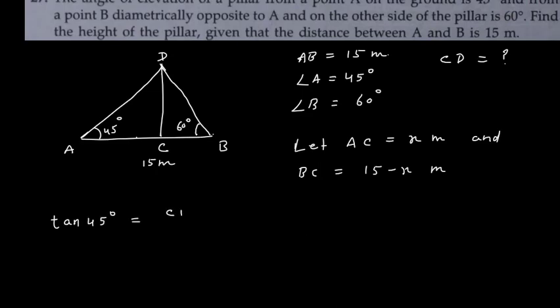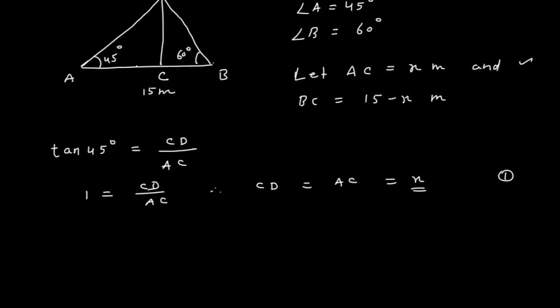Tan 45 degrees gives me CD upon AC. Okay, tan 45 is 1, so 1 equals CD upon AC. Therefore CD is equal to AC, and AC we assumed as x, so the value of CD is x, but that is unknown.